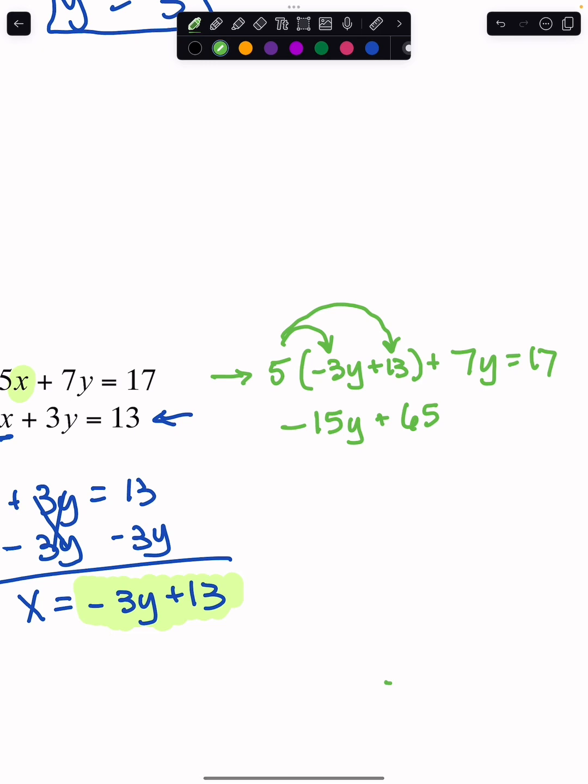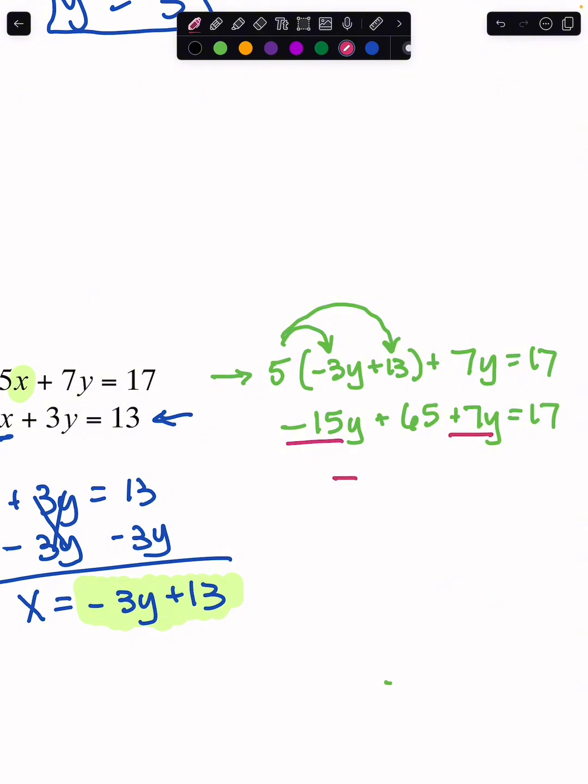Okay? And then what's going to happen is I need to figure out what's negative 15 plus 7. Because I got to combine my terms. And when you combine these two, you end up with negative 8y plus 65 equals 17.